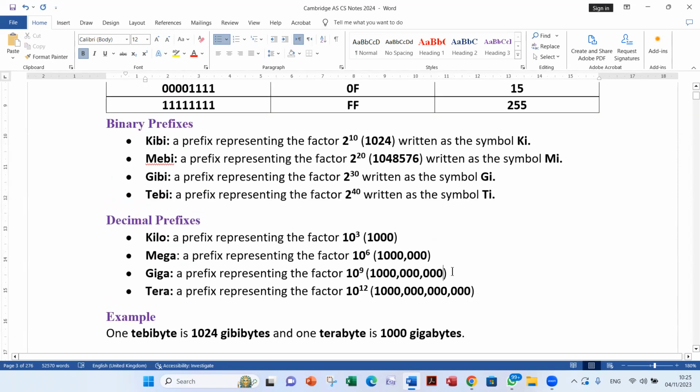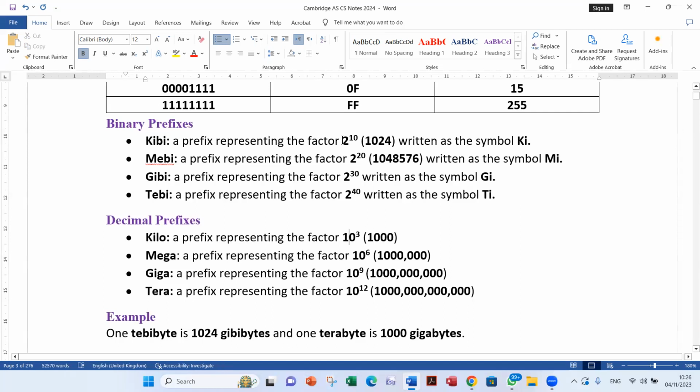However, in the exam, probably they will talk to you about kibi. Kibi is not 1,000. Kibi is 1,024. Why? Because 1,000 is just because in physics, kilogram is 1,000 gram. Here, the kilo is still the 1,000, and it is 10 to the power of 3.